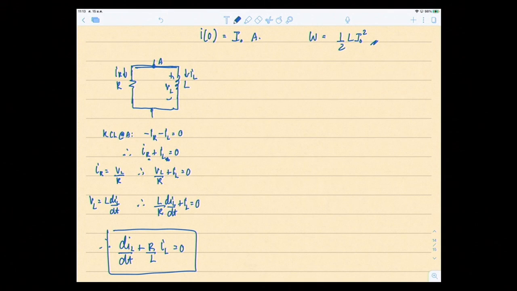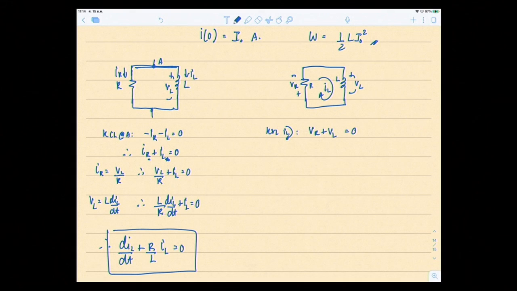What if I work with it as a series RL circuit instead? Now it's KVL. This is IL, called IL because it's the current going through L also. This is L, this is R, and the current goes like this, so plus minus VR and plus minus VL according to the current direction. When I write KVL for this IL mesh, it's VR plus VL equal to 0.